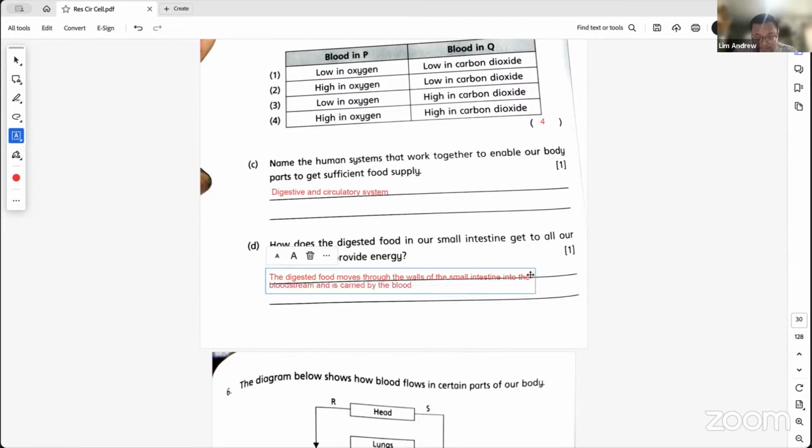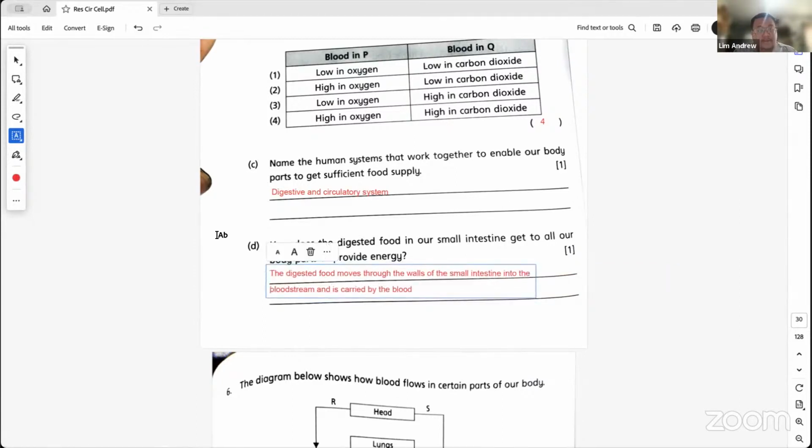Let me just try to see whether I can make it better for you to see. So the digested food moves through the walls of the small intestine into the bloodstream and is carried by the blood in order to get to all our body parts to provide energy. All right.